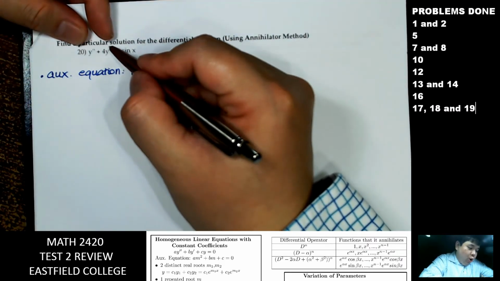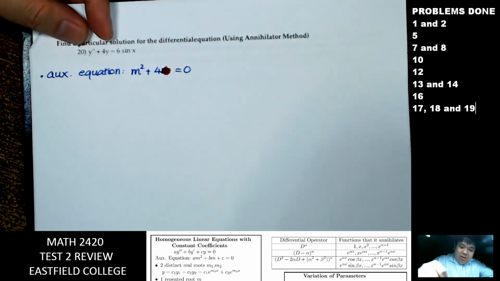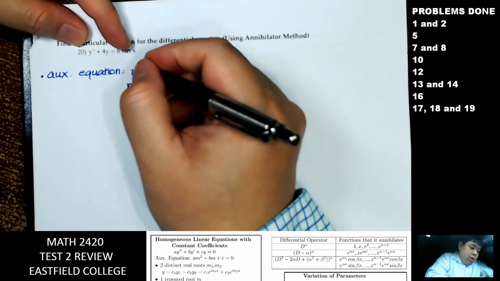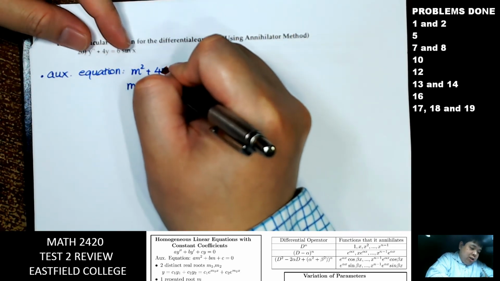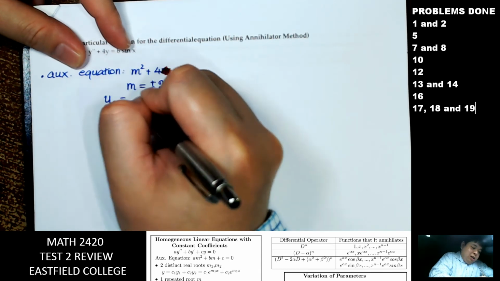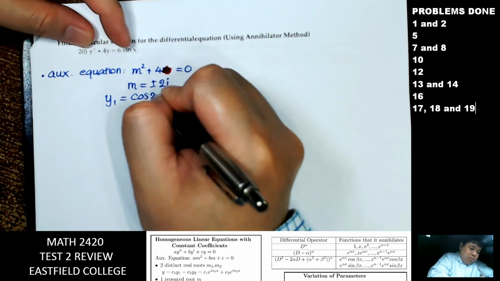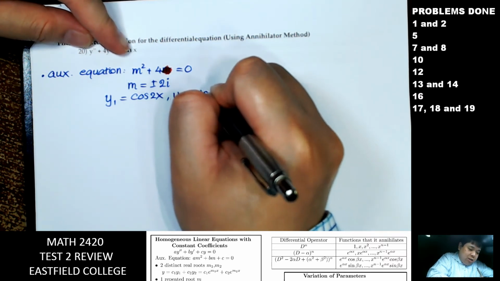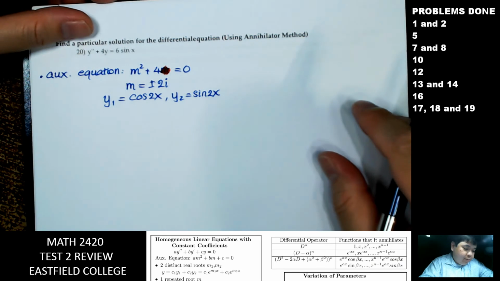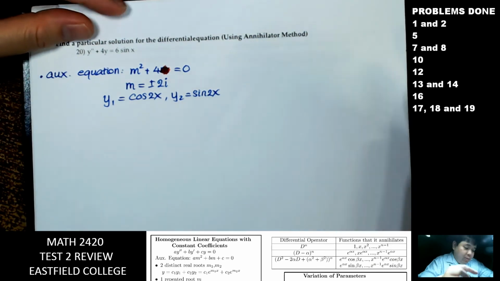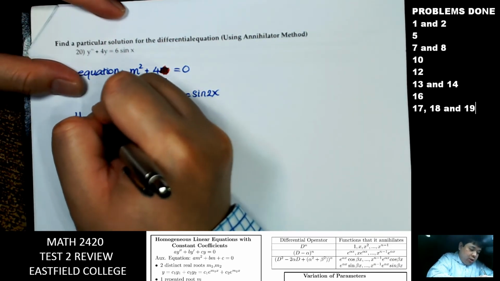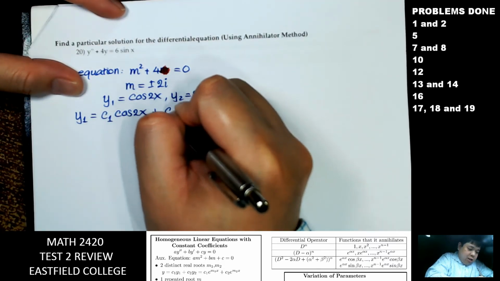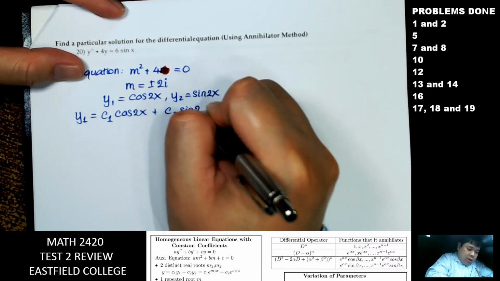So no derivative, no power. So pretty much we have m equal to plus or minus 2i. So y1 is cosine 2x. This is x, so we use x. y2 is sine 2x. Right, let's just write the complementary solution: c1 cosine 2x plus c2 sine 2x.